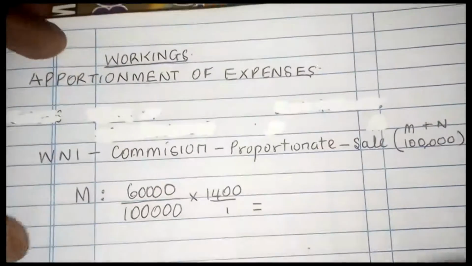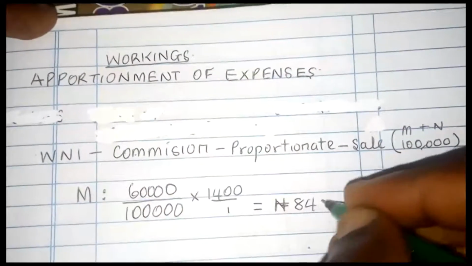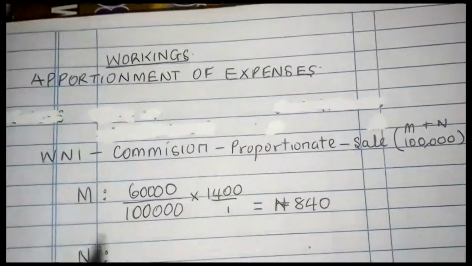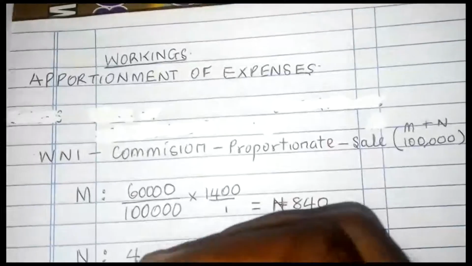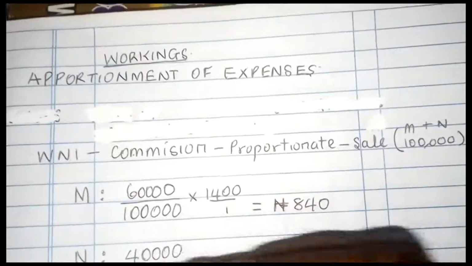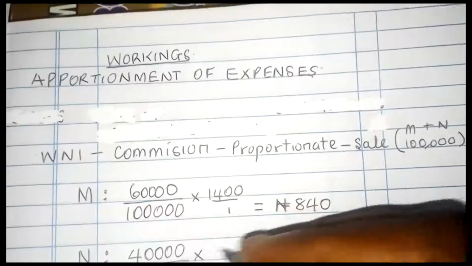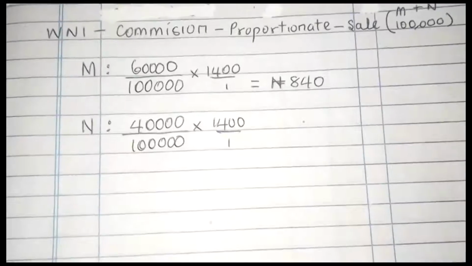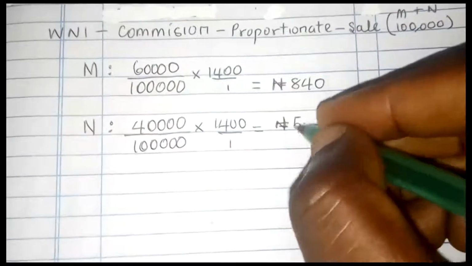Pick your calculator. It's going to give you 840. For N, you have 40,000 over 100,000 times 1,400, which will give you 560.